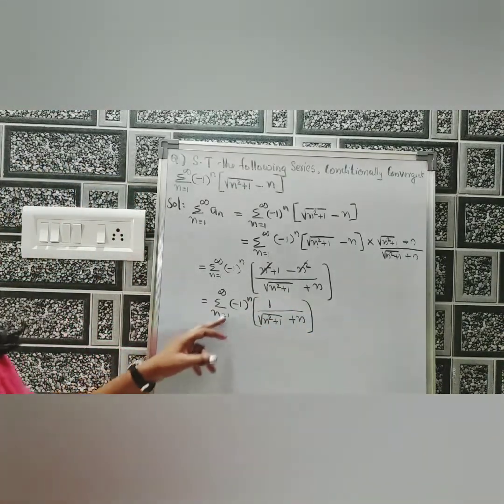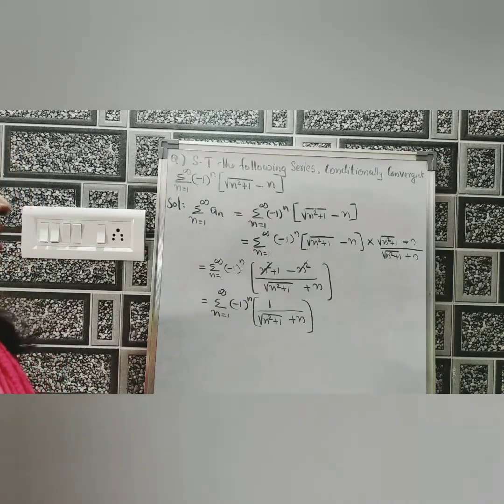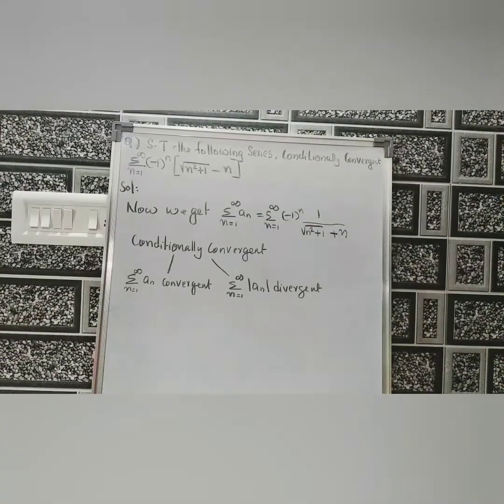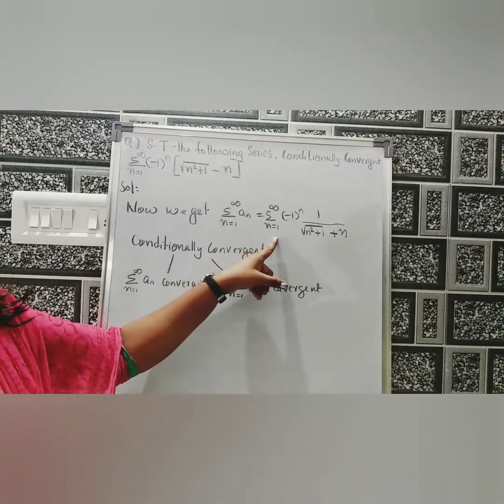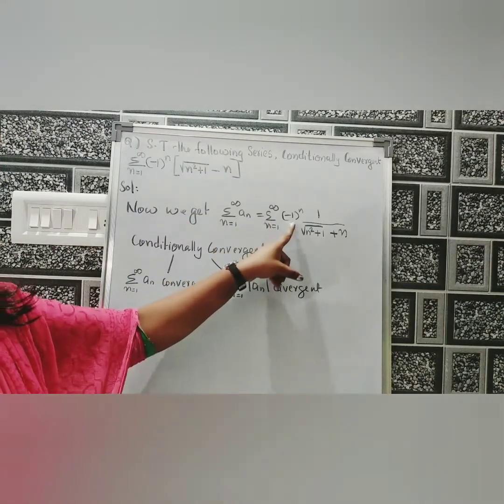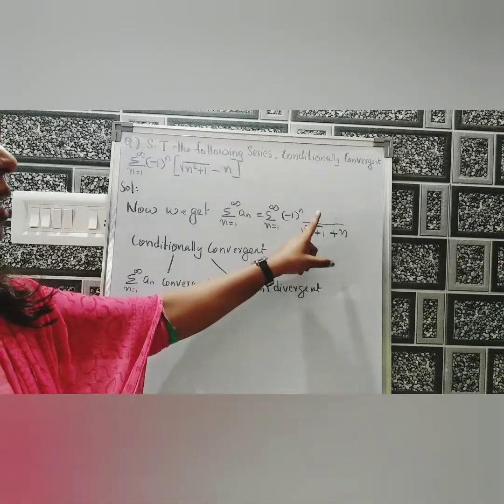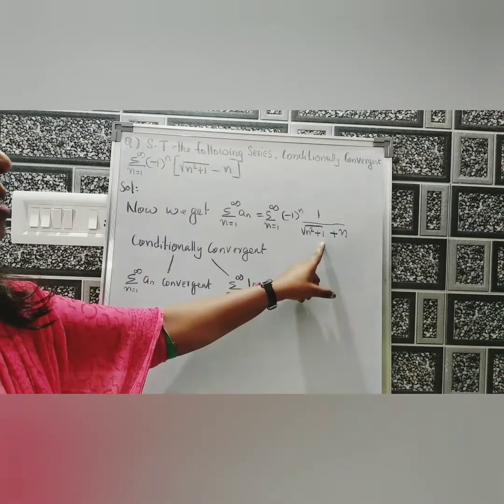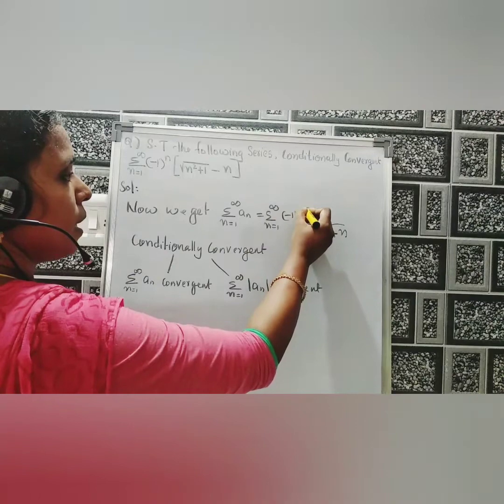We get sigma n running from 1 to infinity minus 1 whole raised to n into 1 divided by root of n square plus 1 plus n. This is an alternating series. Now we get sigma n running from 1 to infinity a n is equal to sigma n running from 1 to infinity negative 1 whole raised to n into 1 divided by root of n square plus 1 plus n.